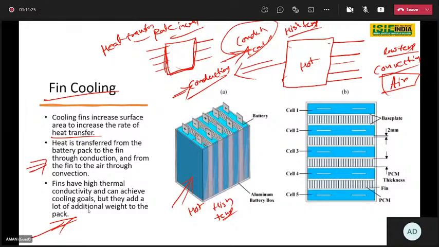So you have one point where you can dissipate the heat, or the rise in temperature. But at the same time, since this is an aluminum part used in a battery, it has its own weight, and so it will increase the overall weight.